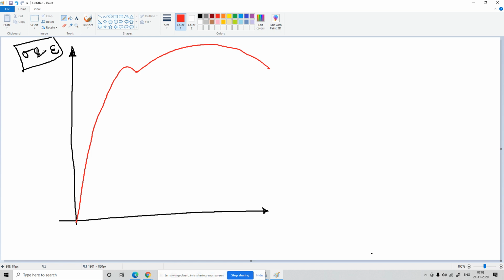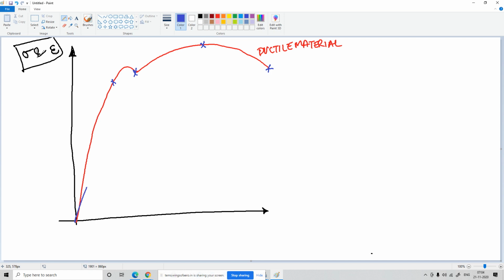Here we have the proportional limit, the yield points, the ultimate points and the fracture points. That defines the ductile material.